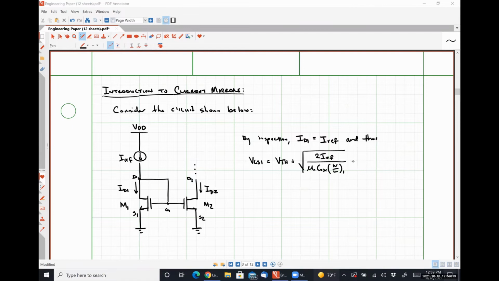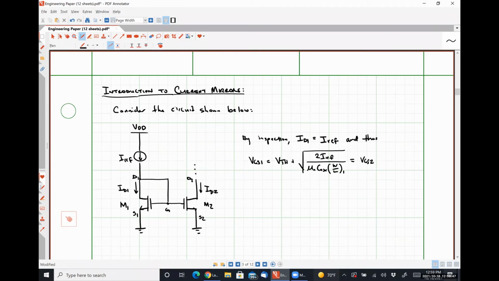I can also say that VGS1 is the exact same thing as VGS2, right? Because both of my sources are at ground and my gate nodes for each of the two transistor devices are tied together. So VGS1 and VGS2 absolutely have to be the exact same thing.